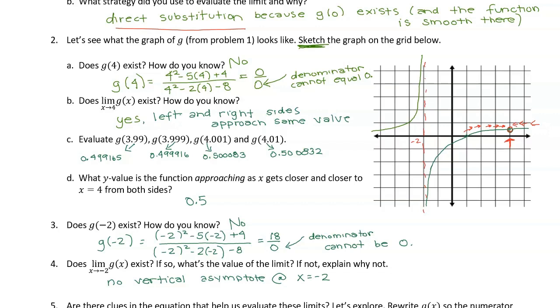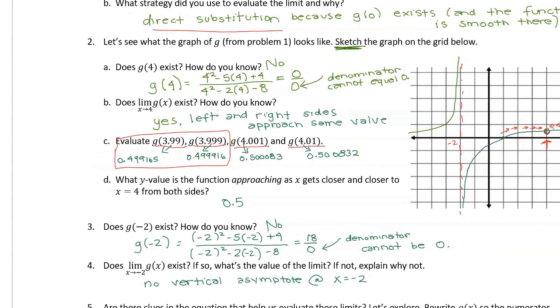And to evaluate that, we just tried some values on the left, so 3.99, 3.999, and then some values from the right, 4.001, 4.01. And you'll see that these values are approaching 0.5. So let's go ahead and add some math notation for these values.